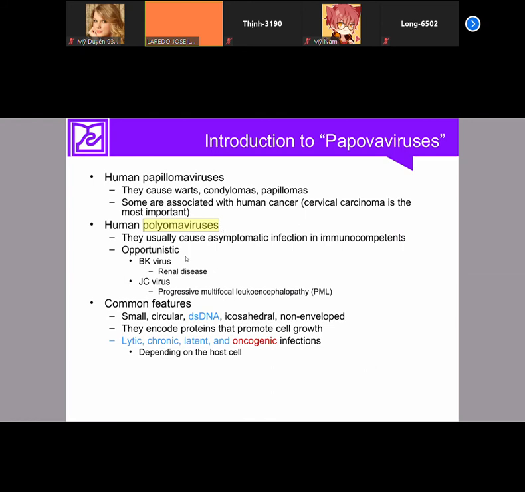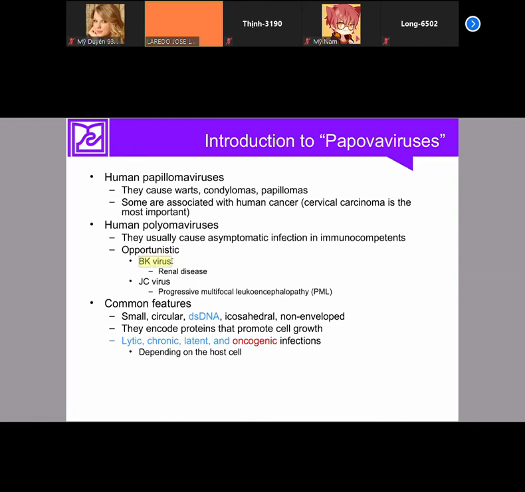Polyoma viruses are usually asymptomatic in immunocompetent patients. However, they may cause severe diseases in immunocompromised people, so they are opportunistic. The most important polyoma viruses in humans are two, the BK virus and the JC virus. Both infect immunocompromised people.